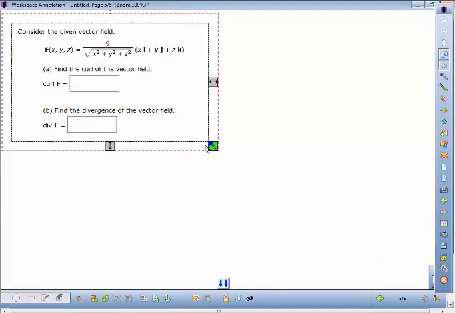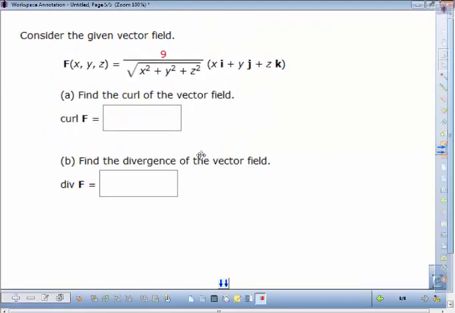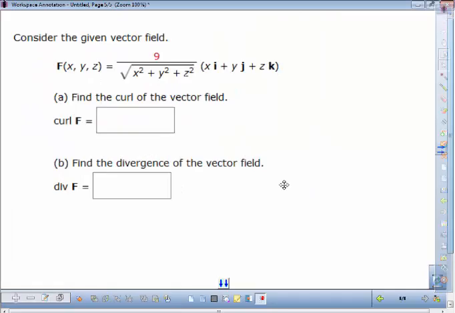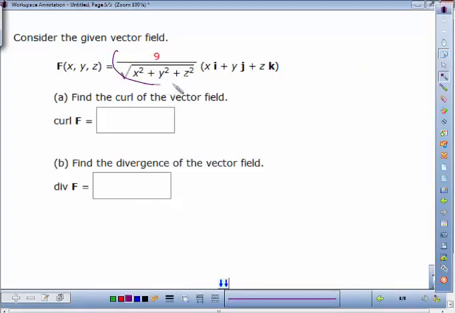So let's try this one, the one with the i, j, k business on it. I mean, a scalar on the outside and the i, j, k. So we can think about this as just a scalar function that we can move on the outside. And when we do the curl, we can multiply everything by the scalar function later on.